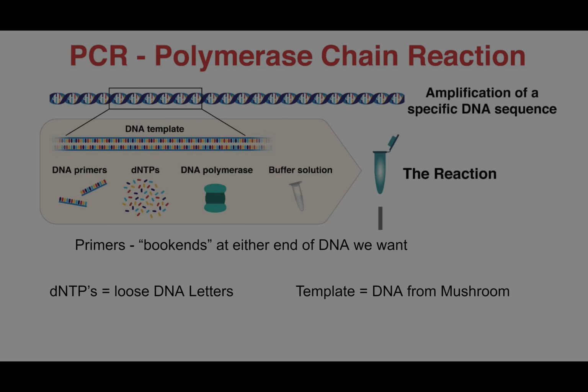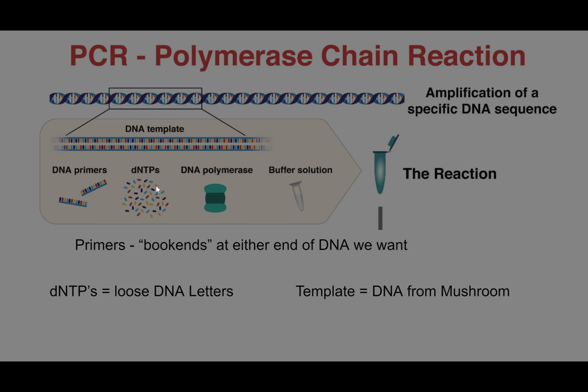Okay, so once we have these ingredients in place, we can do our PCR. And the ingredients are our DNA template. So that is the genomic DNA that we've extracted from a fungus, all of their DNA. Then we need the DNA primers, and those are going to serve as bookends to basically cut out the DNA sequence that we want to make many copies of.